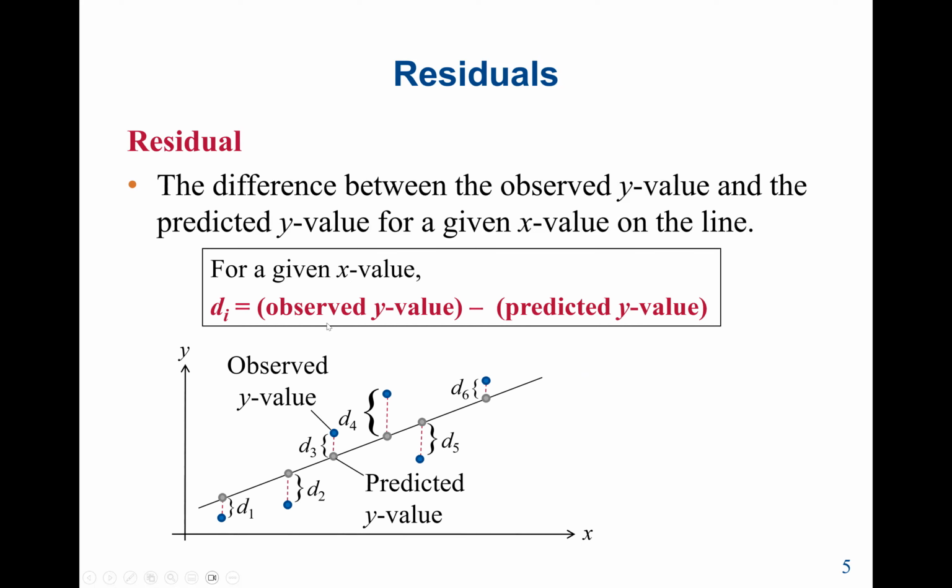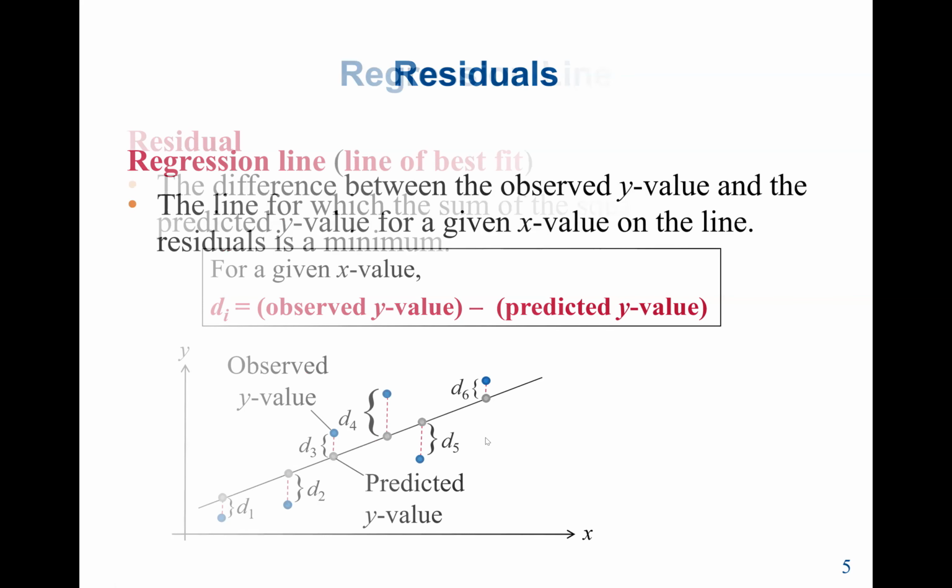From the diagram here, the straight line is our regression line, and all the points on that line are the predicted Y values. The observed Y values are the blue dots. The difference between the observed and the predicted gives us the residual.